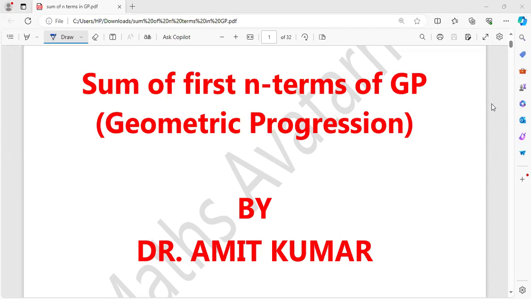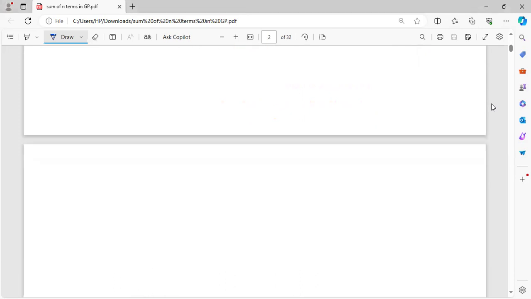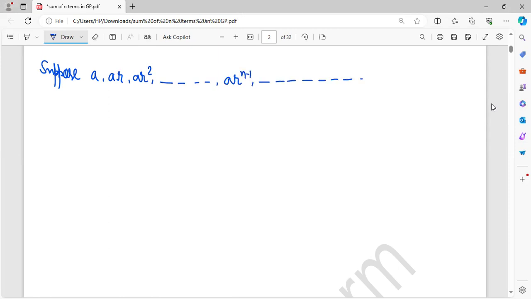So let's start today's topic now. Suppose a GP is given: A, AR, AR square, and the nth term is AR to the power n minus 1, and so on.